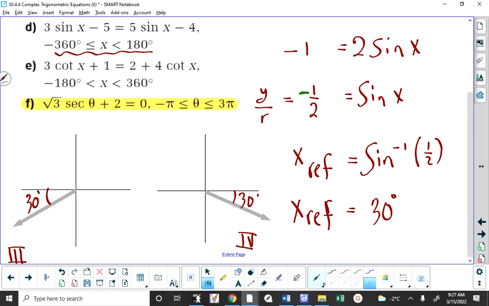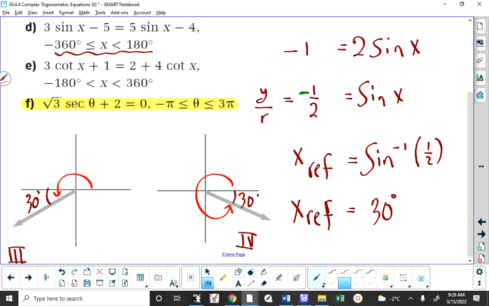Now, normally in the majority of these questions, you're going from 0 to 360. Okay? And what we would say is that this is the reference angle, or sorry, the rotation angle, right? And we would say this is the rotation angle.